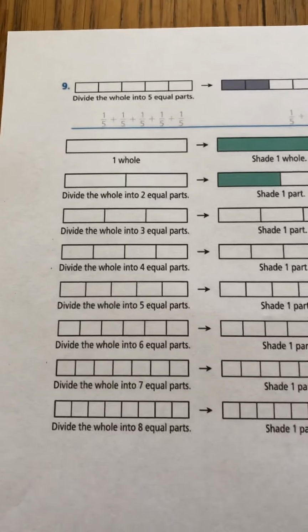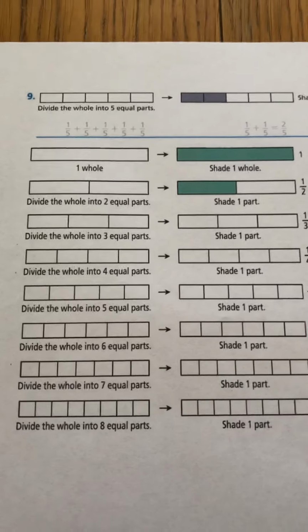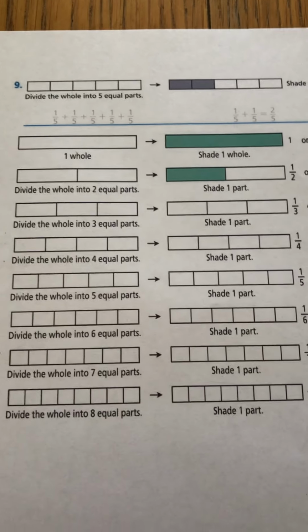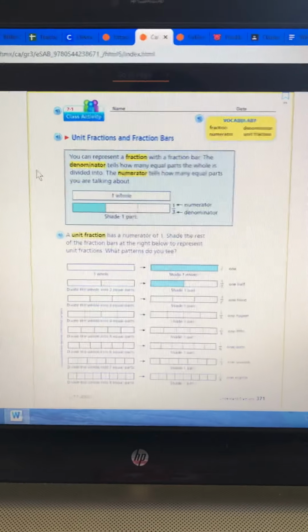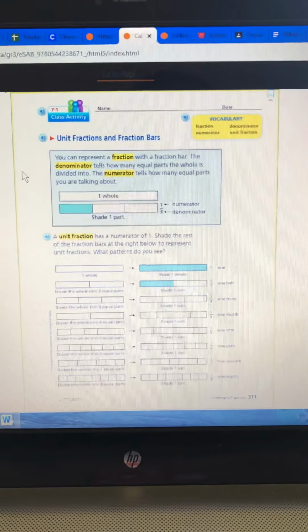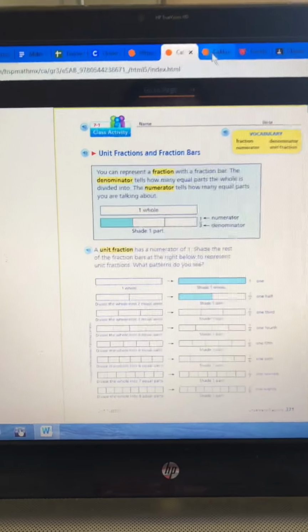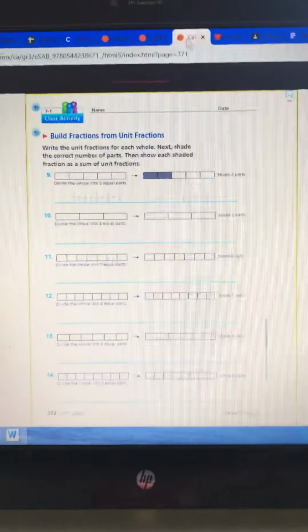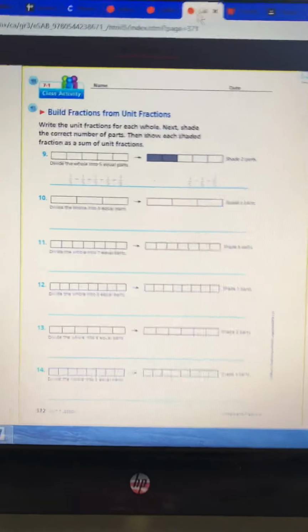Now, you may have noticed on Google Classroom that I put up a couple of things, and they are basically workbook pages from our regular student activity books. There's one that looks like this, and this is what I'm going to be doing in just a minute to model for you. And then there is one that looks like this. And this is the work that I want you to do.